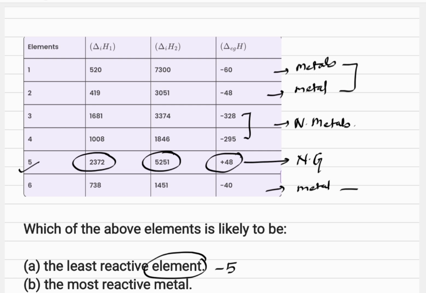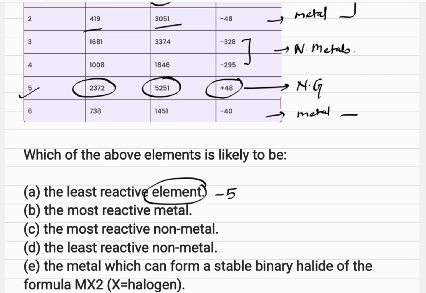The most reactive one would be the one which has very low first ionization energy and also very low second ionization energy. So element 2 fulfills the criteria. See, element number 1 has very high second ionization energy, right? So this does not fulfill the criteria. So most reactive metal would be element number 2.